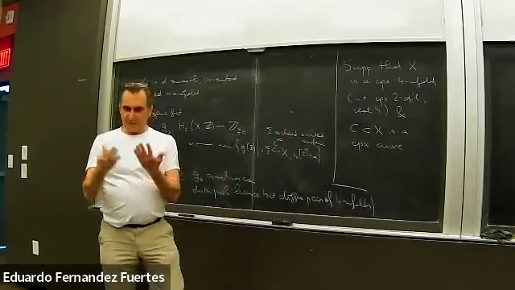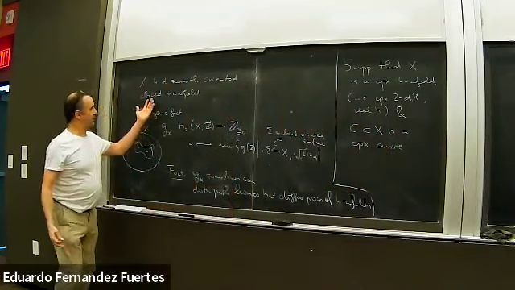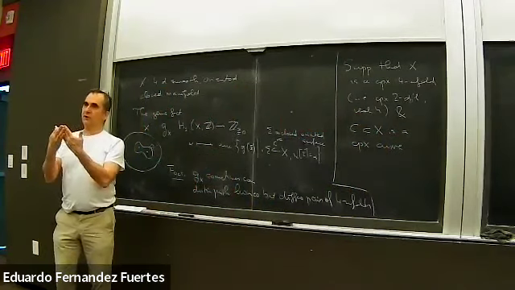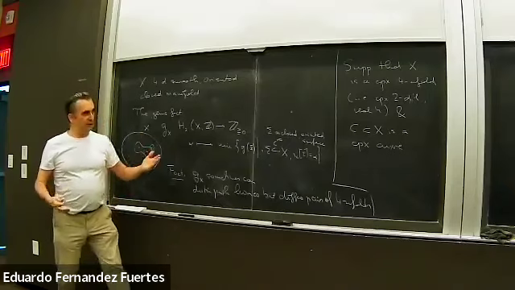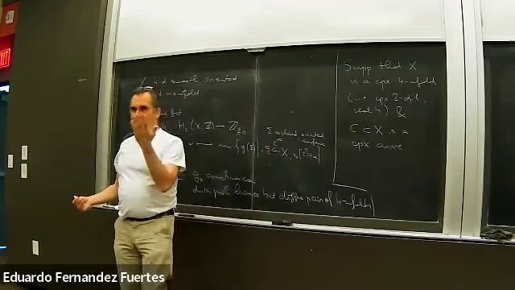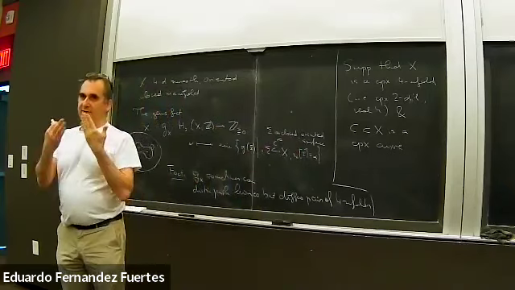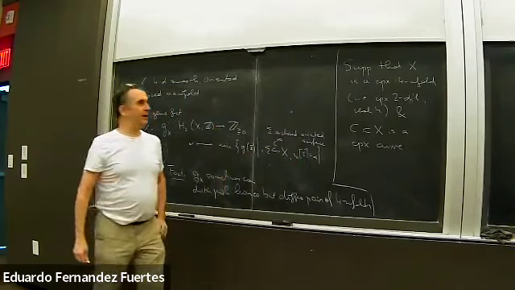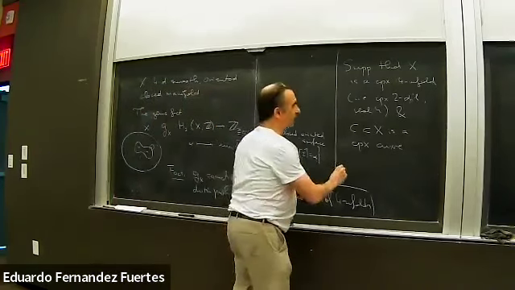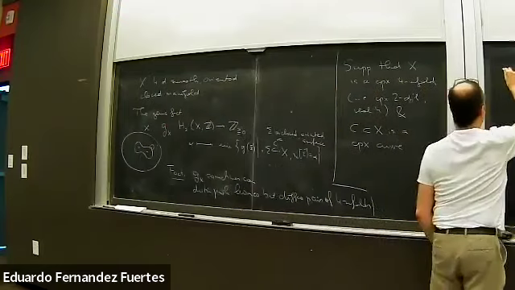So complex surface means that, you have to remember that the smooth structure is just that the transition functions between charts are C-infinity functions. Now we assume in this case that the charts are in C^2 themselves and the transition functions are holomorphic maps. In this case, we have the following adjunction equality.